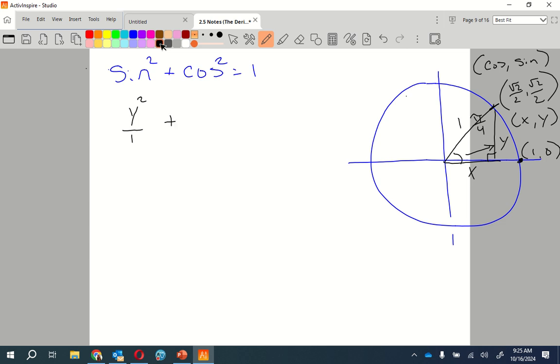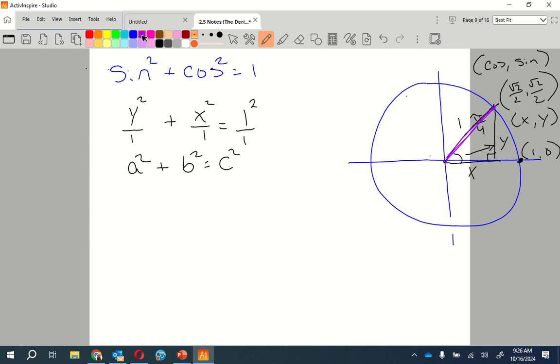Okay, let's just keep going. Cosine is my x squared over 1, right? Okay, and that's equal to 1. But isn't that just 1 over 1 squared? Because I gotta try and figure out, where did this really come from in the first place? This whole thing came from my Pythagorean theorem, which is a squared plus b squared equals c squared, in which my c is this piece right here.